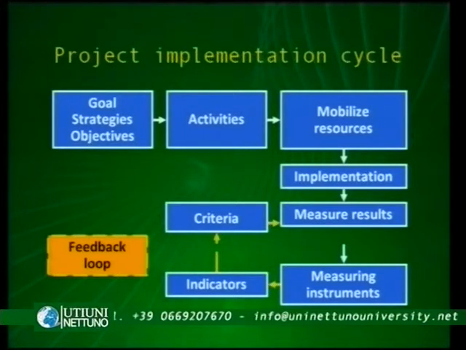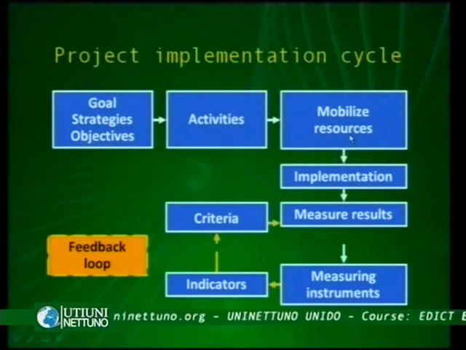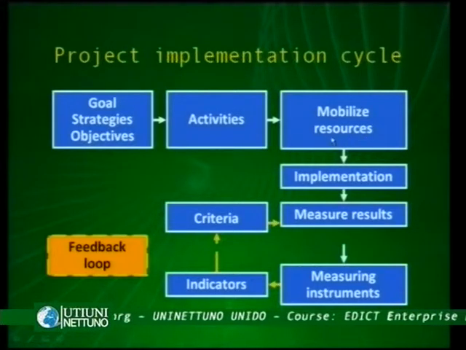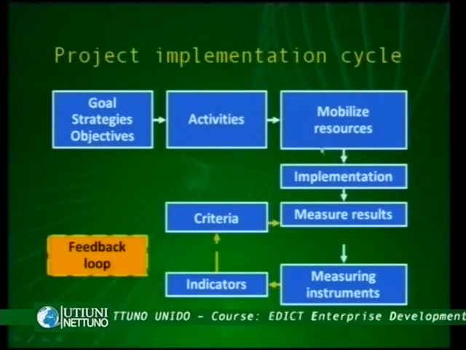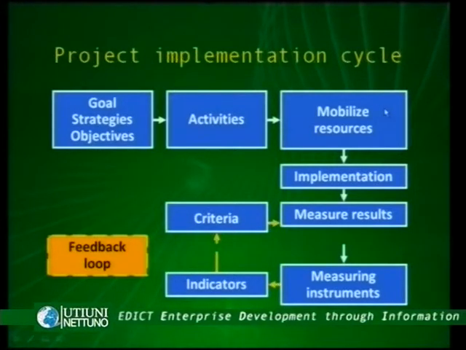I mean, the company itself could have at its own disposal the necessary resources for deploying the activities related to the investments and to the objectives at the end. Sometimes when the organization doesn't have the necessary endowment of resources, those kinds of resources should be mobilized from the external environment.